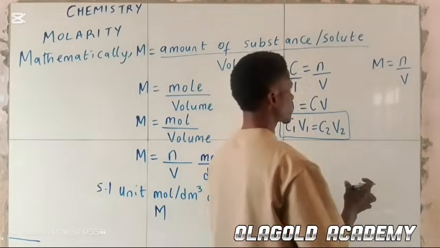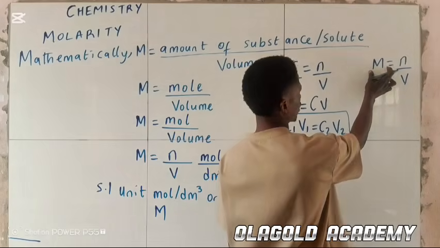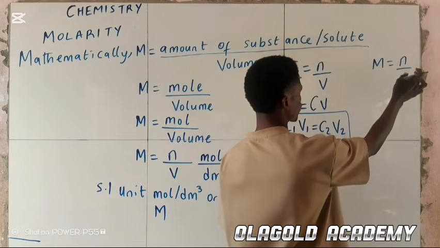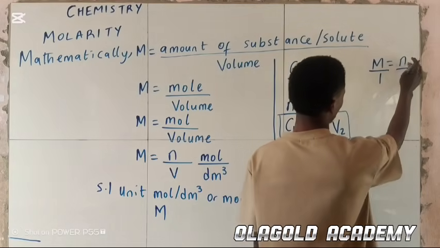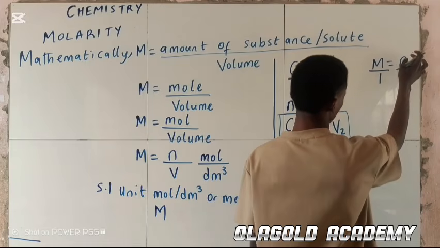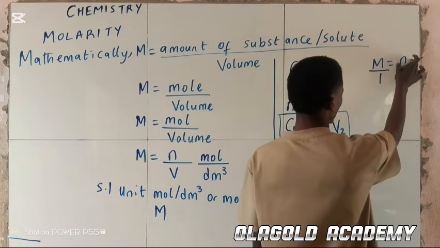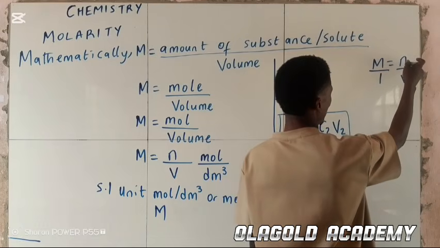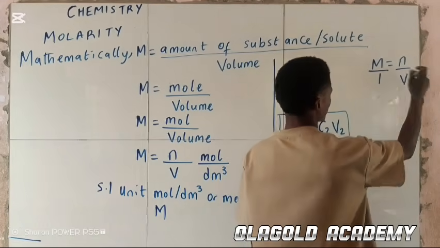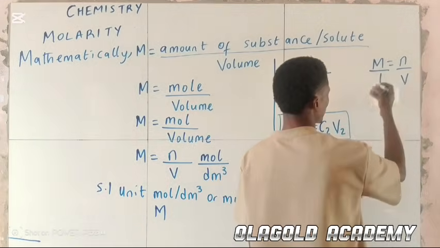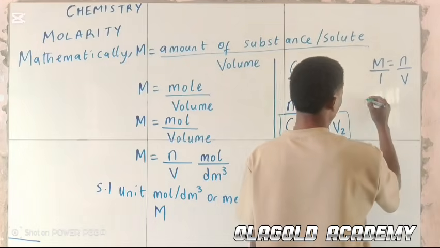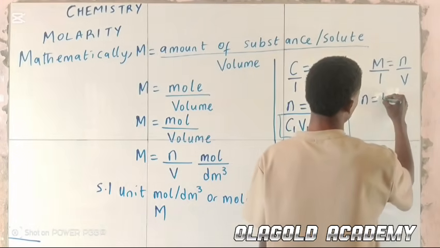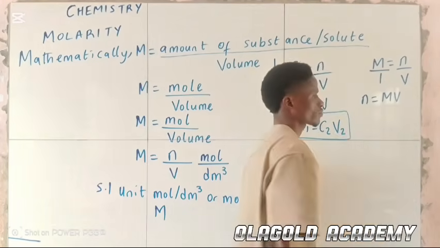Alright, the same thing applies for M as molarity also. I can make this n stand alone by cross multiplying. So if I cross multiply, n times 1 gives me n equal to MV.